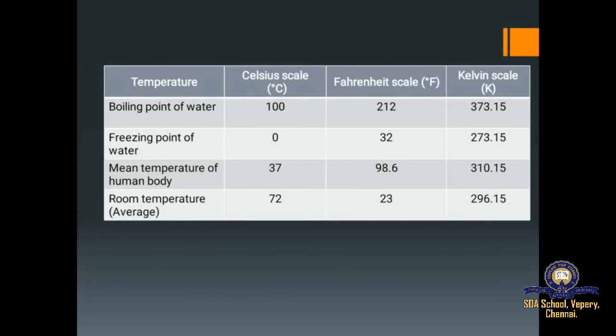Freezing point of water is 0 degrees Celsius, 32 degree Fahrenheit, 273.15 Kelvin. Mean temperature of human body is 37 degrees Celsius, 98.6 degree Fahrenheit, 310.15 Kelvin. Average room temperature is 72 degrees Celsius, 23 degree Fahrenheit and 296.15 Kelvin.